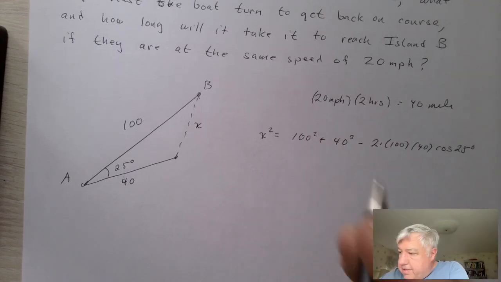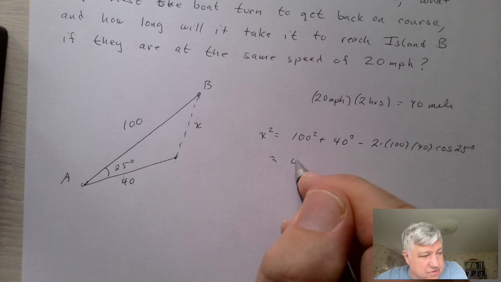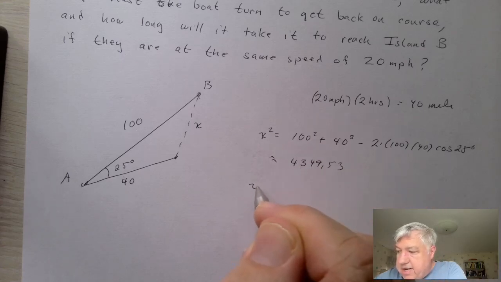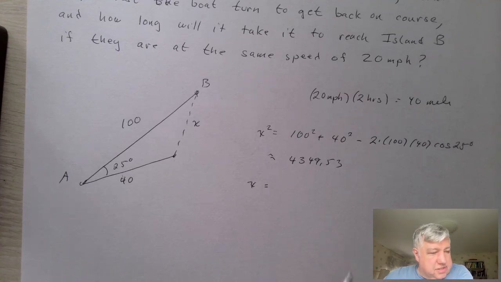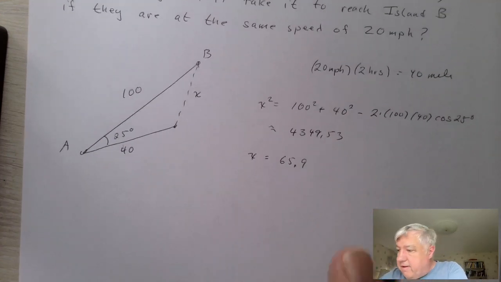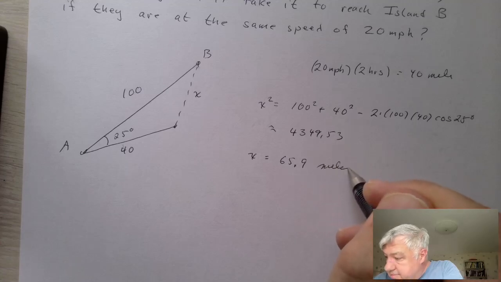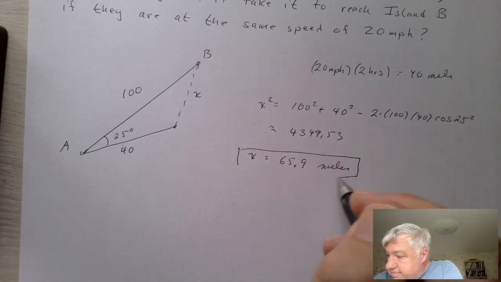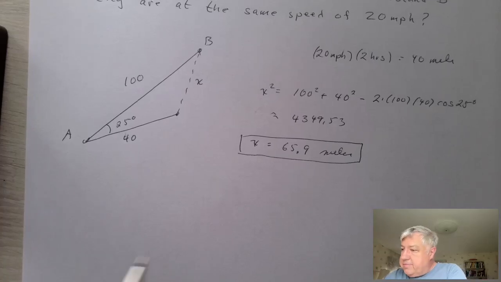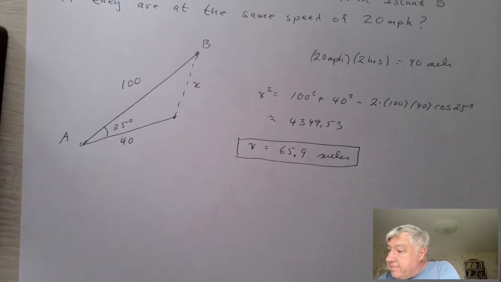And this is approximately 4,349.53. So taking the square root of both sides, we get x is 65.9 miles. All right, so that's this distance.